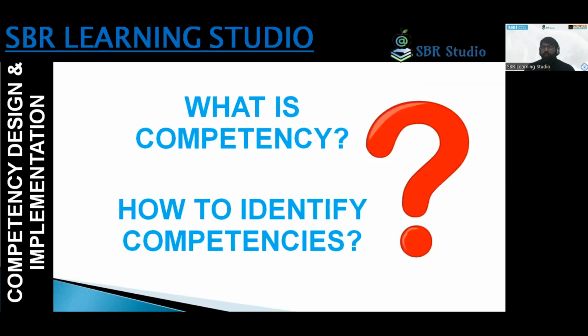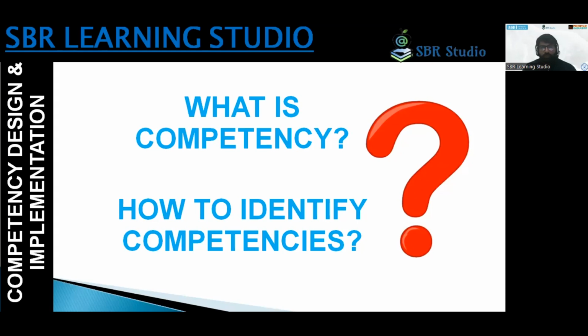Now, everyone here may be in HR or a field related to HR, so you are well aware of competency. But the issue is how you identify those competencies, where organizations make mistakes in describing them properly, so that they do not get the result.